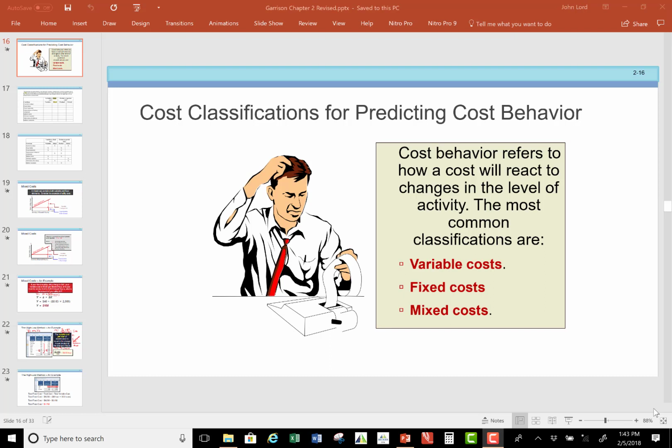Warranty is indirect, but you're going to take it at the time of sale. You would take a warranty expense at the time of sale, and you would treat it as a period cost. You set up a liability for whatever you think the warranties are going to be, and then it works like the allowance.